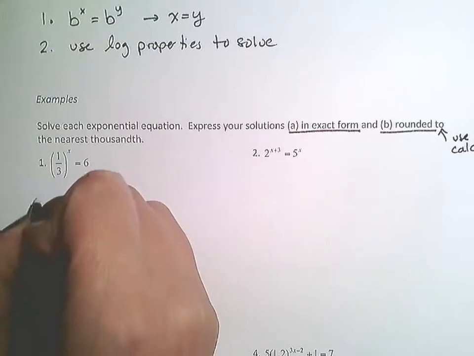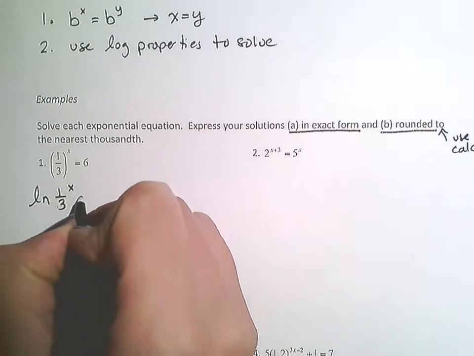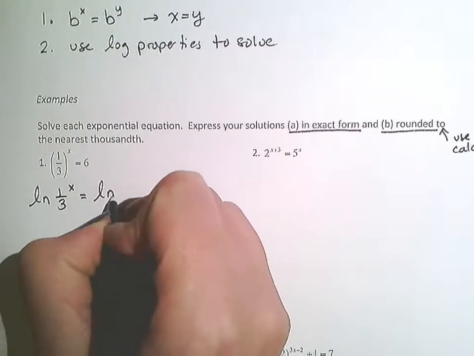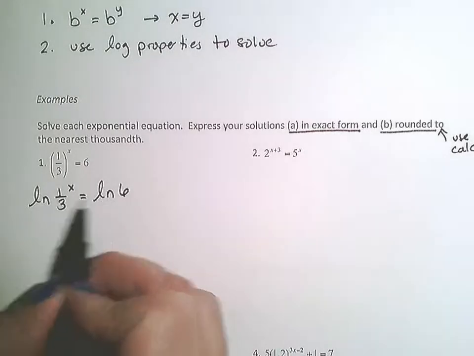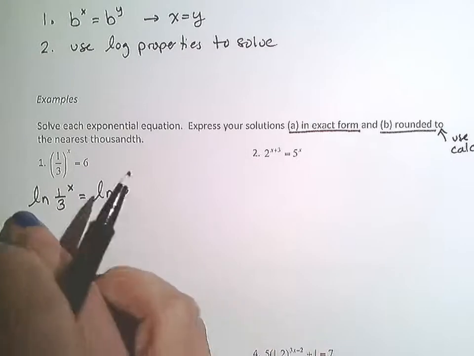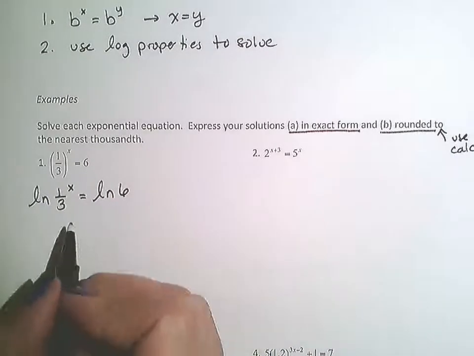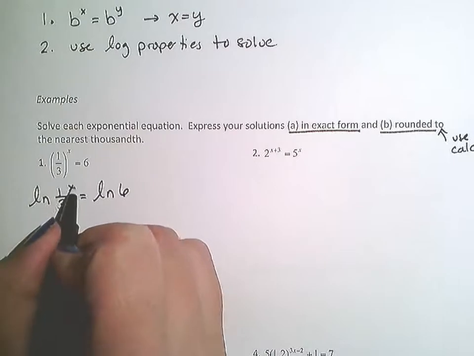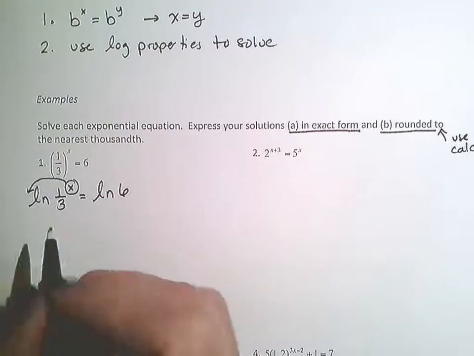So I'm going to say ln of 1/3 raised to the x is equal to ln of 6. Because I took ln of both sides, I technically did not change the problem, because what I did to one side, I did to the other side. But now what I'm able to do is use the power property to bring down that x.